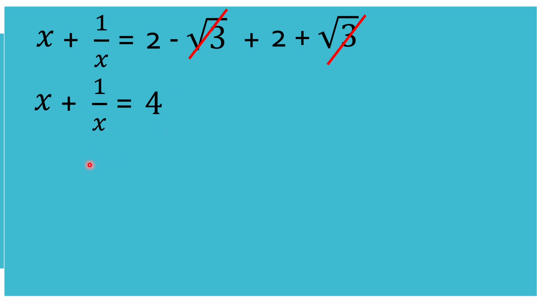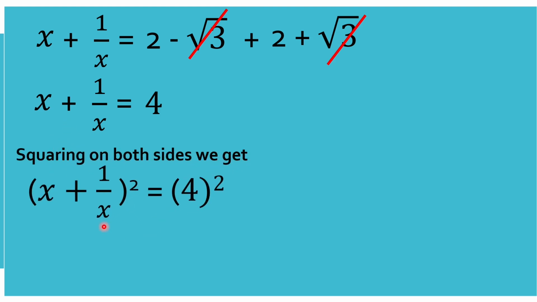And now we can take square on both sides. So squaring on both sides, we will get x plus 1 over x all squared equals 4 squared, and here we will use the formula a plus b whole squared equals a squared plus b squared plus 2ab.